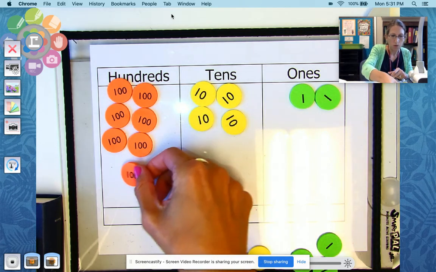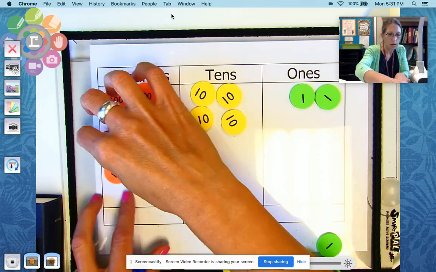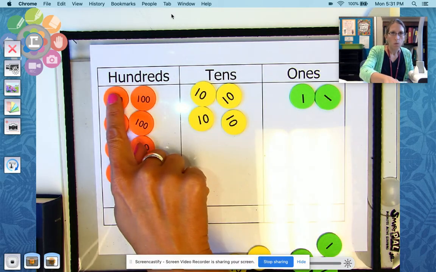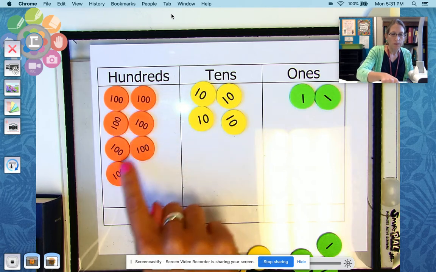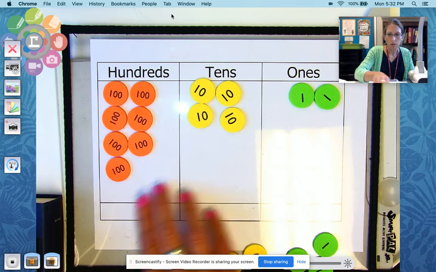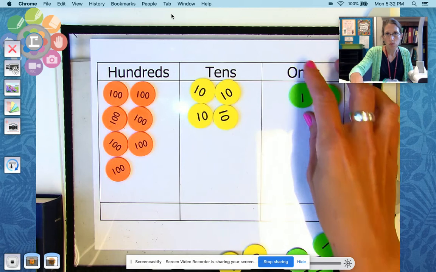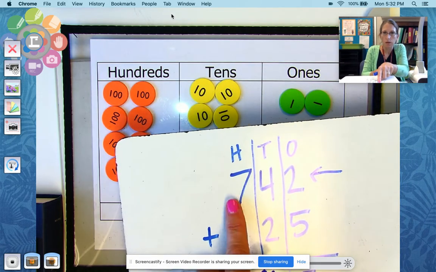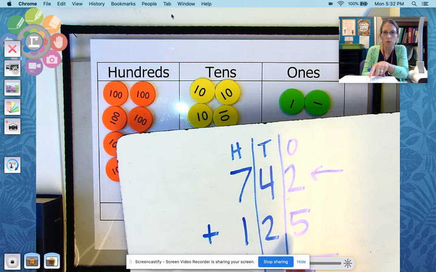Okay, plus one more. Do it like that. Line these up there, sort of. All right, so I have 1, 2, 3, 4, 5, 6, 700. Here's my 742. And that is the number we started with, 742 plus 125.